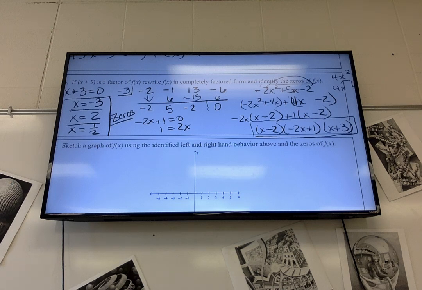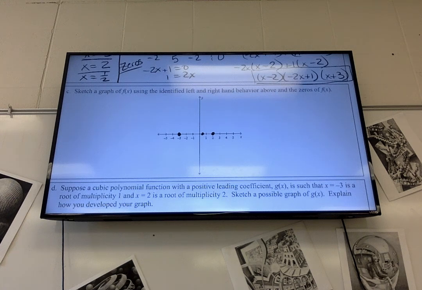And then sketch a graph using the identified left and right hand behavior and the zeros. Notice all those zeros have a multiplicity of 1. They've only occurred once, so that's good to know. So x is -3, x is 2, and x is 1/2. I know it goes up on the right. Oh, wait a minute.